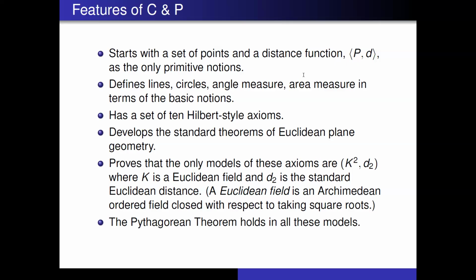And then just the normal distance, the square root of x squared plus y squared, is the distance. Up to isomorphism, these are the only models of the 10 axioms, okay? And of course, in particular, the Pythagorean theorem is true, and you can prove it.